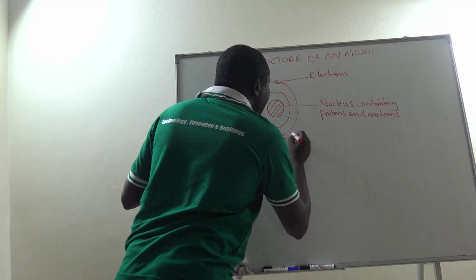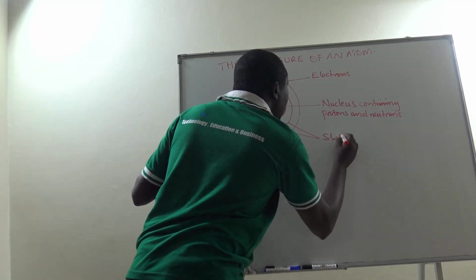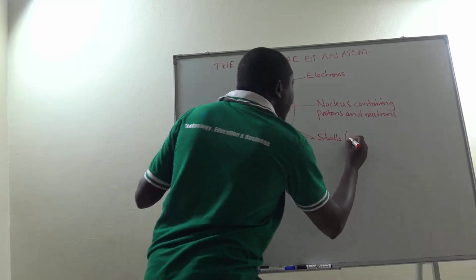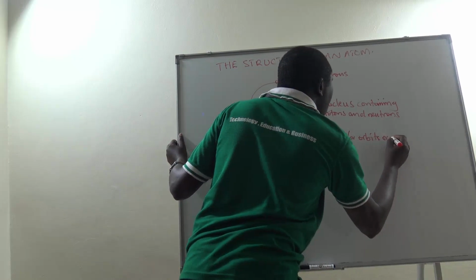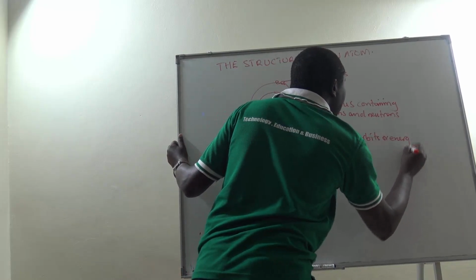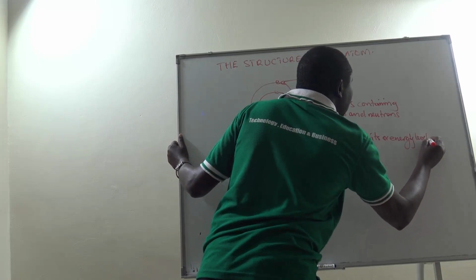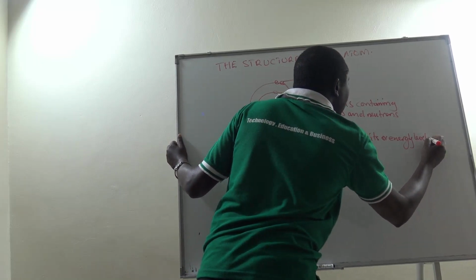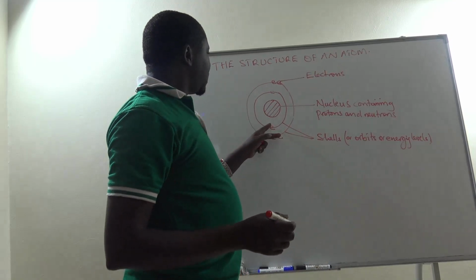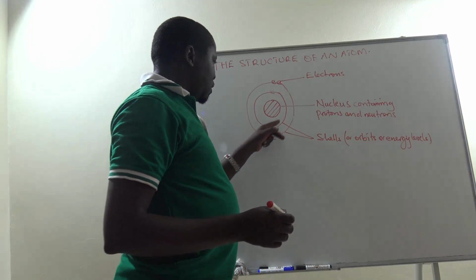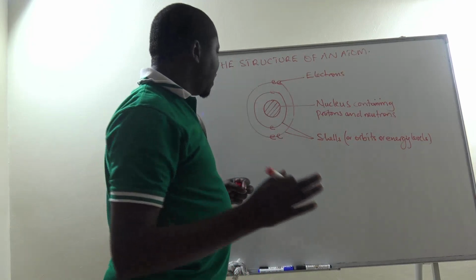So these paths here, we call them shells, or we can call them orbits, or we can call them energy levels. So, electrons move around the nucleus in shells, what we also refer to as orbits or energy levels.